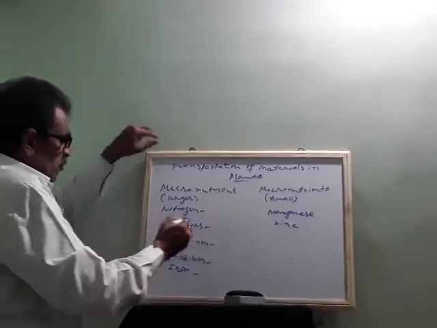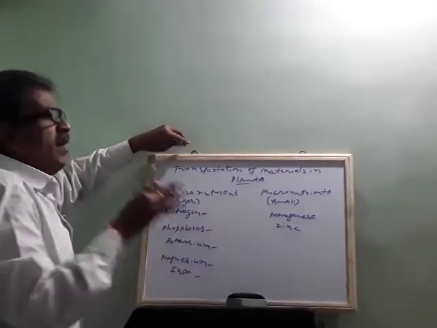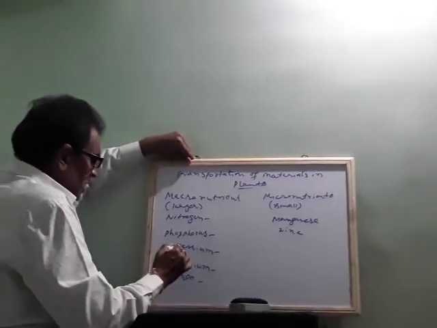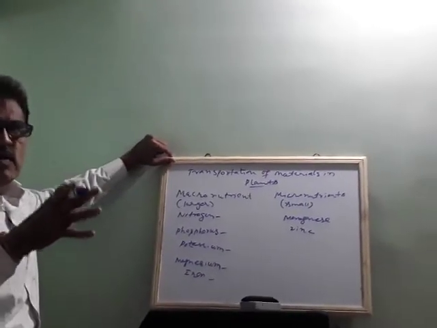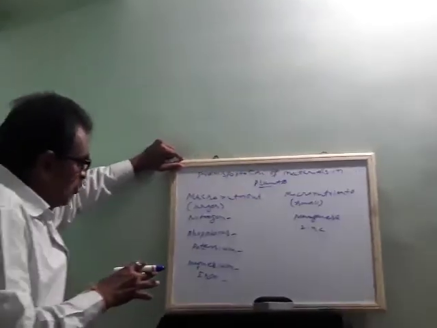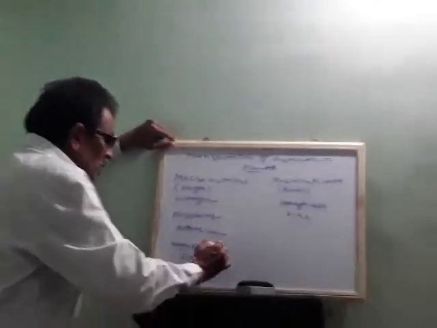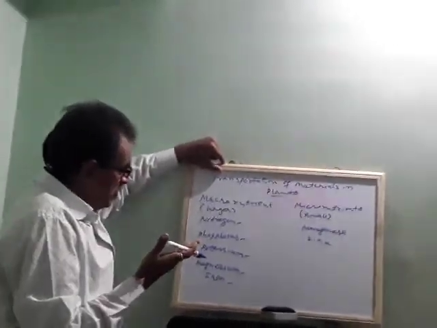Okay. So phosphorus controls the balance. It will balance the quantity. Then potassium is also needed for the proper growth of the plant and for preparation of food. Magnesium helps in proper working of your stomata.